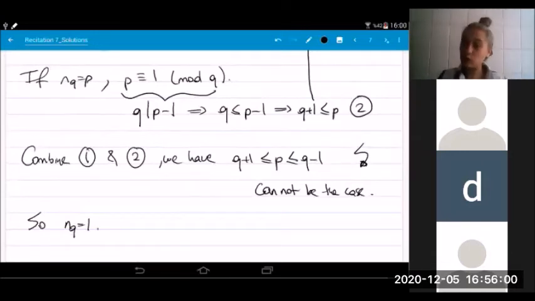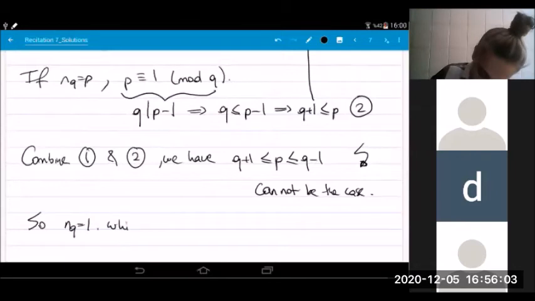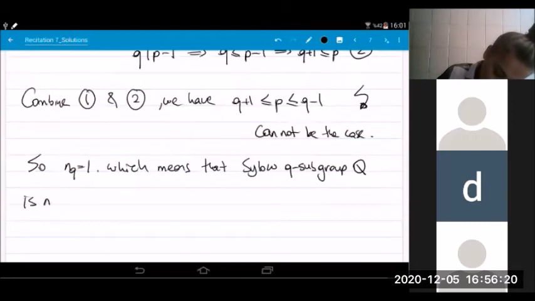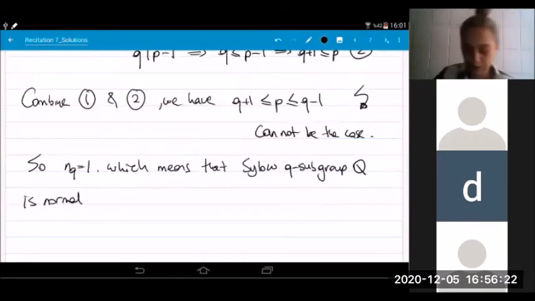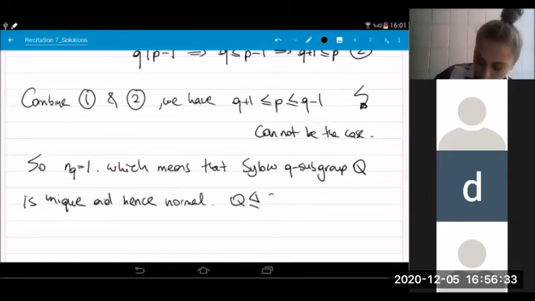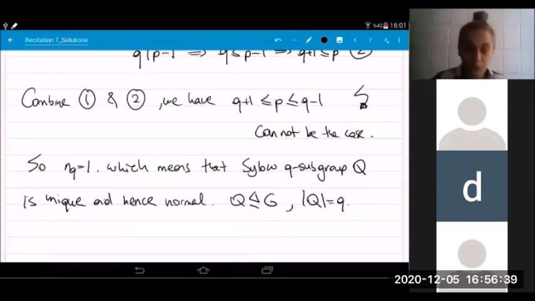This means that the Sylow Q subgroup, let me denote it by Q, is unique and hence normal in G, and the order of Q is equal to Q. So we have completed the first part of the question.